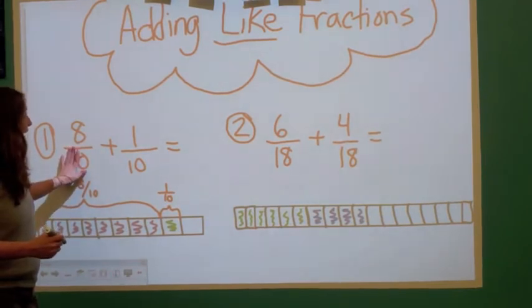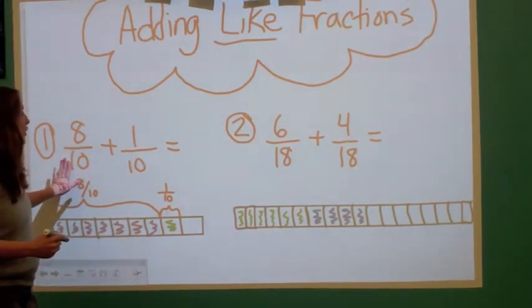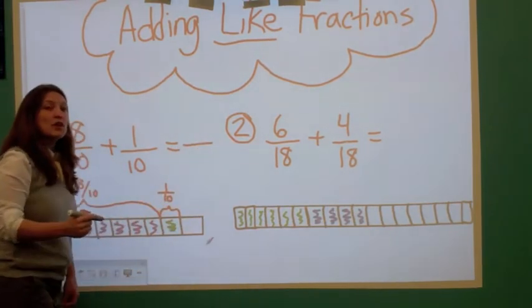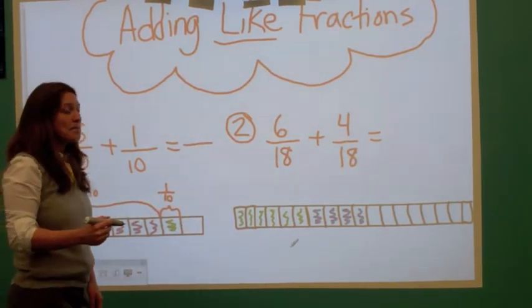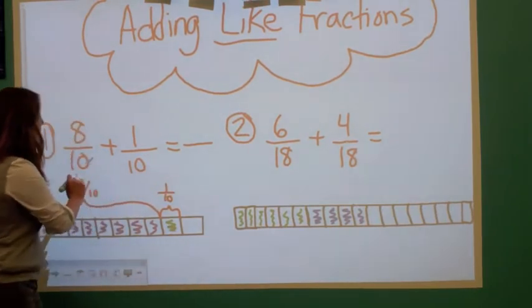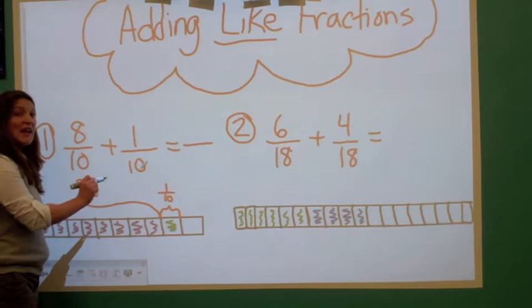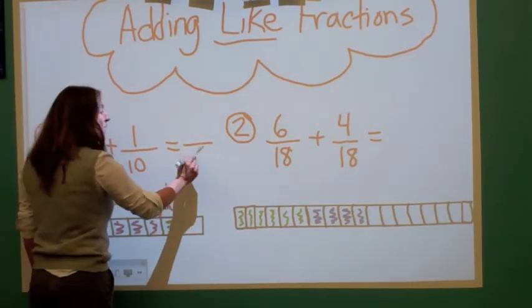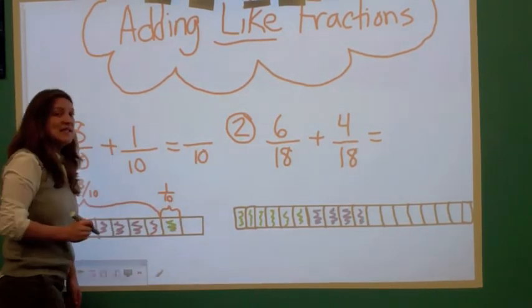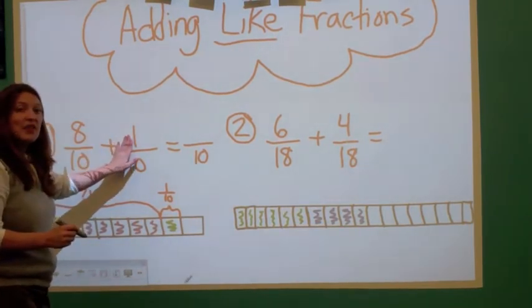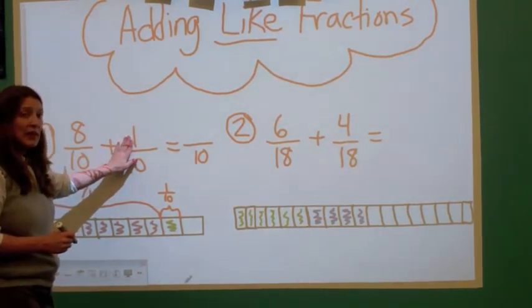When you're adding like fractions, your denominator always stays the same when you're finding the sum. So if my denominator in both fractions are 10, my denominator in my sum is 10. And now all we do is add the two numbers in the numerator.